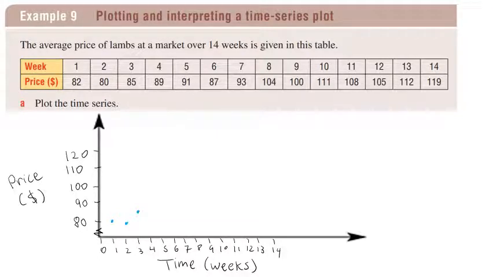Week 4, 89. So you see I'm just reading on the bottom and then matching up on the top. So next one is at week 5 and 91. So about here. Week 6, 87. Week 7, 93.